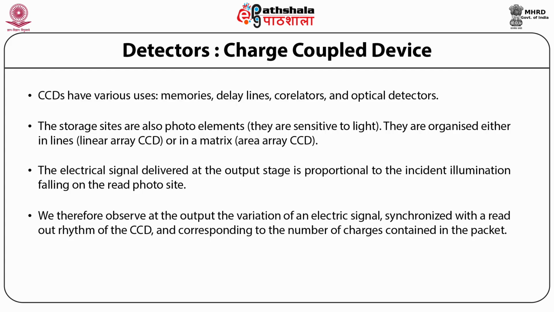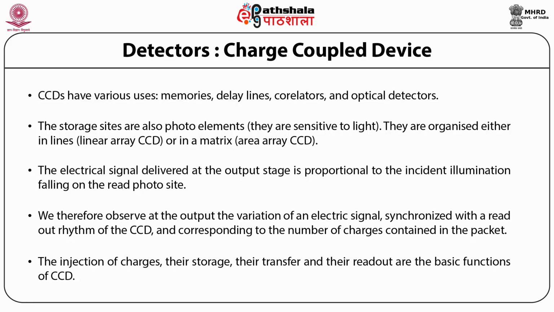We therefore observe at the output the variation of an electric signal synchronized with the readout rhythm of the CCD, corresponding to the number of charges contained in the packet. The injection of charges, their storage, their transfer, and their readout are the basic functions of a CCD.